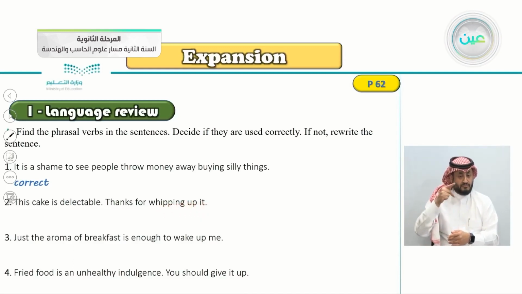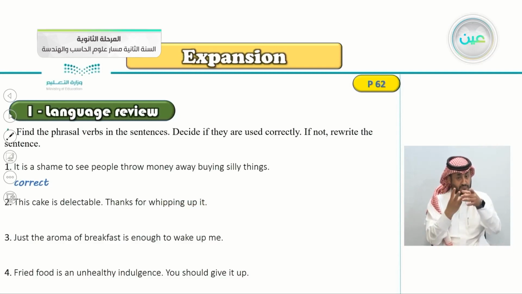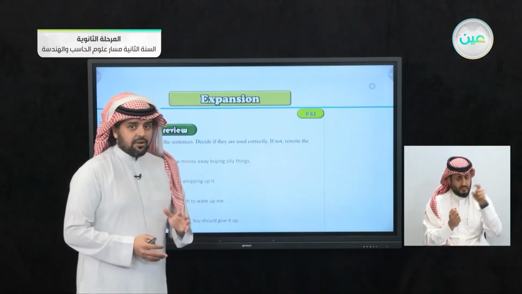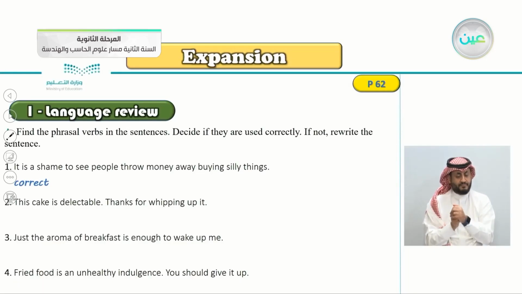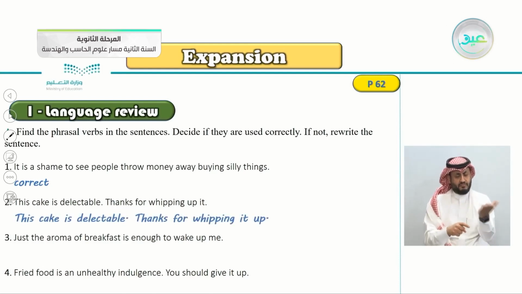So we have a 3-word phrasal verb. Is it correct or not? Yes, it's incorrect, and the correct way to write it is: thanks for whipping it up. We put the pronoun in the middle. This cake is delectable. Thanks for whipping it up.